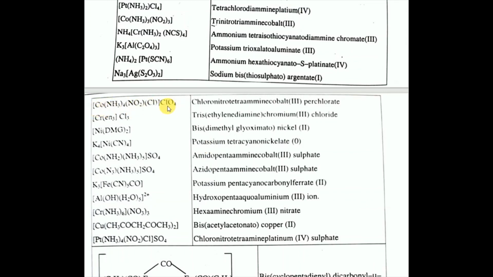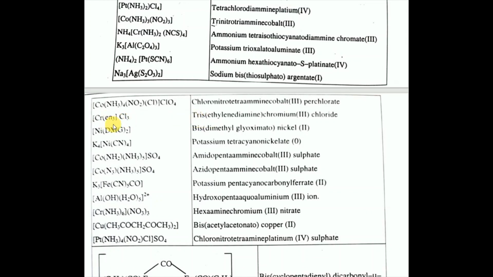In this example, this is also a cationic complex. So chloro, nitro, tetraammine, cobalt(III) perchlorate. Then this complex: see here, there are 3 molecules of ethylenediamine. This is again a cationic complex, so first we write the name of the ligands. The ligand ethylenediamine has 3 molecules, therefore we add the prefix tris.